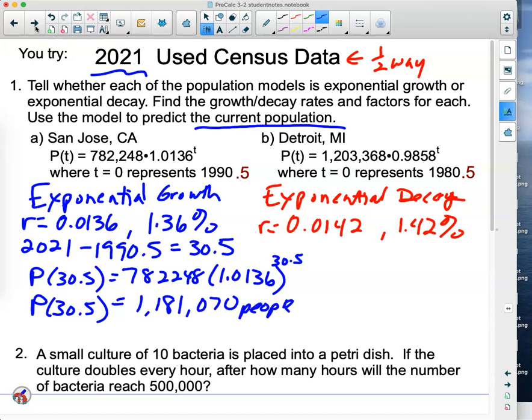So we've got 1,181,070 people. So 2 things that were really key with this problem. We had to remember that census data gives us that additional little 0.5 piece on there. And we needed to be able to figure out, hey, is this growth or decay?